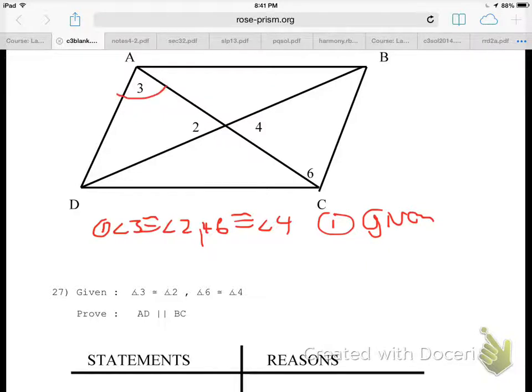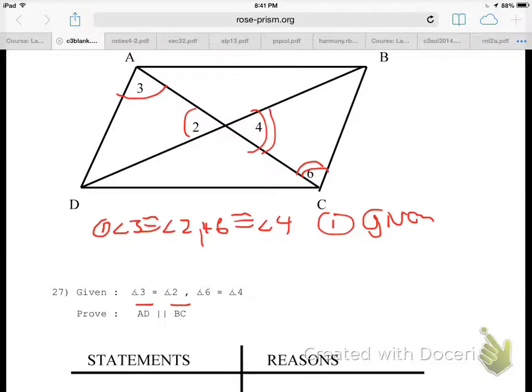Okay, well look what you've got. 3 congruent to 2, 4 congruent to 6. In order to get AD parallel to BC, I'm going to need to get angle 3 congruent to angle 6, because those are angles on our lines. In fact, they're alternate interiors.